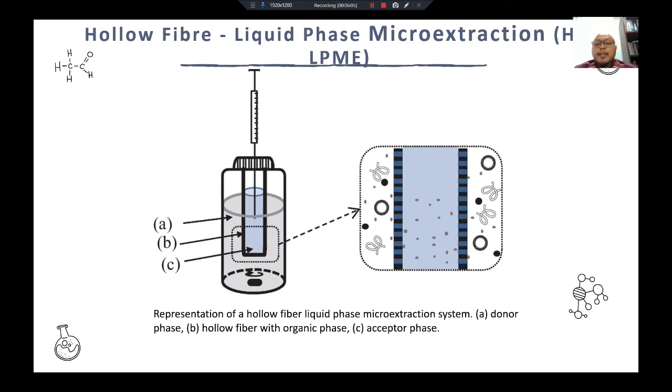Okay, you perlukan. Kalau kita tengok sini, okay, analyte of interest akan interact with the acceptant solvent ataupun acceptor phase, dan you punya interference impurities will be left out lah, dia tak akan masuk dalam. Okay, bukanlah kita kata oh memang kita akan dapat purely lah, tapi kita dapat remove lah a lot of impurities.